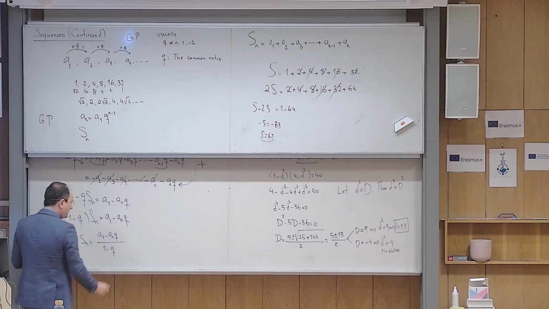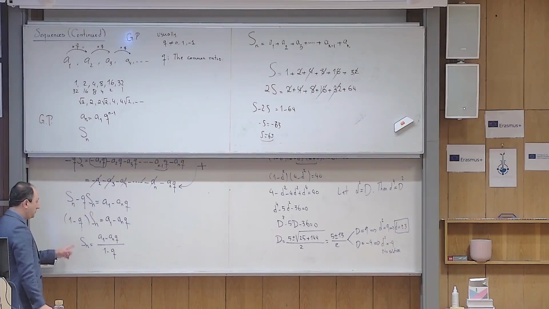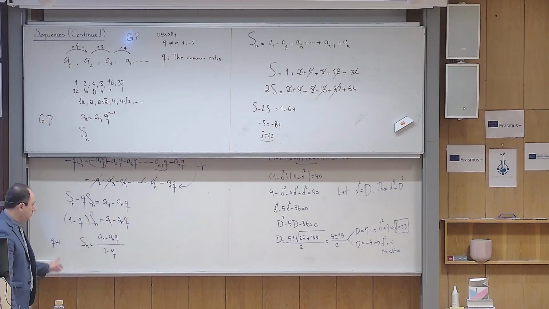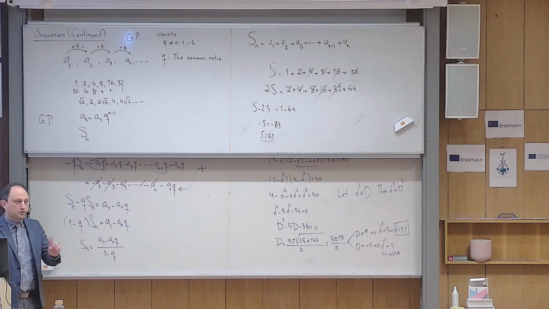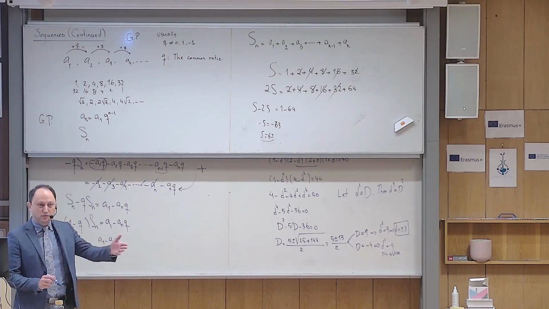But when I divide in mathematics, I have to be careful that I am not dividing by 0. So this method only works if q is not equal to 1. Because if q is equal to 1, then I have problems here. But is q equal to 1 a big problem? No, because if q is 1, what does it mean? It means all the terms are equal.